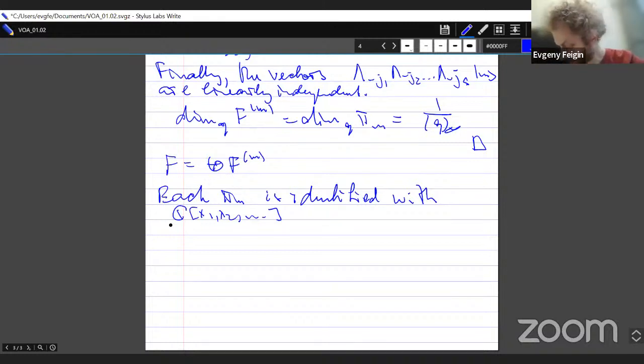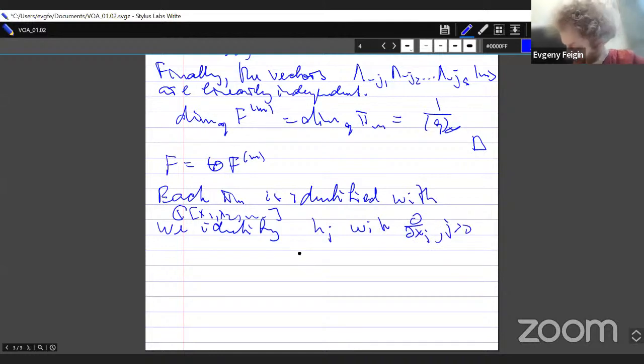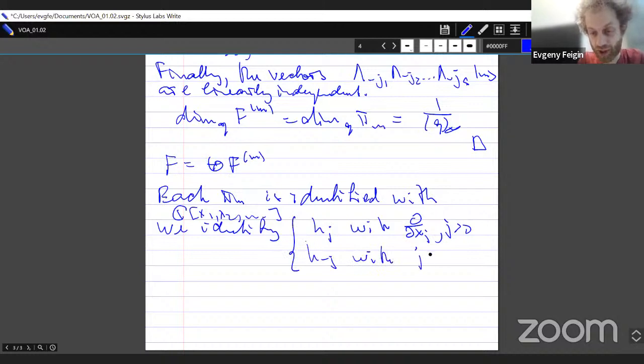Yes, so we identify h_j with d over dx_j for j positive, and h_{-j} with j x_j if j is still positive.